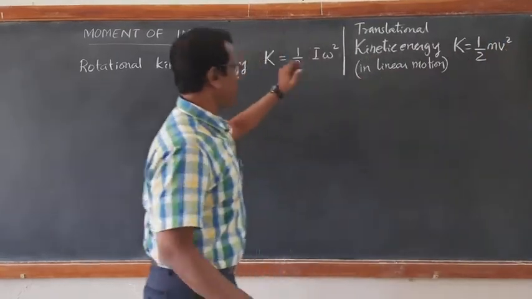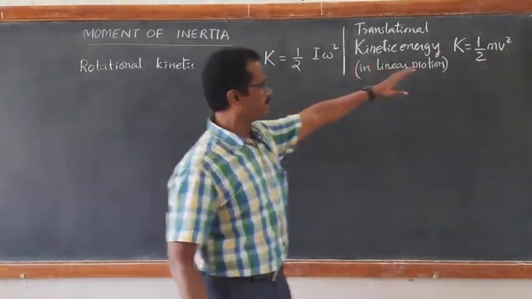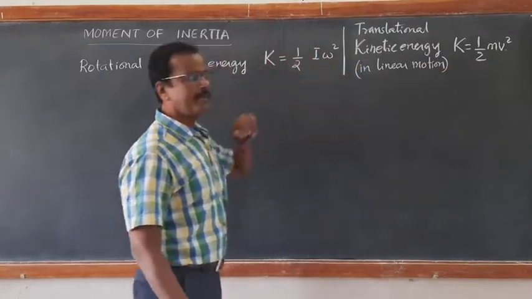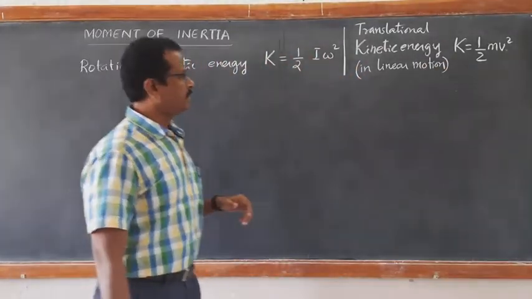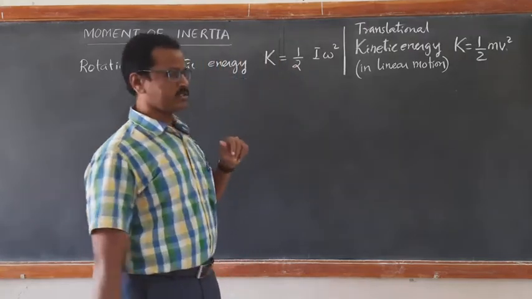V is replaced by omega. V is linear velocity, omega is angular velocity. Half is there here also.